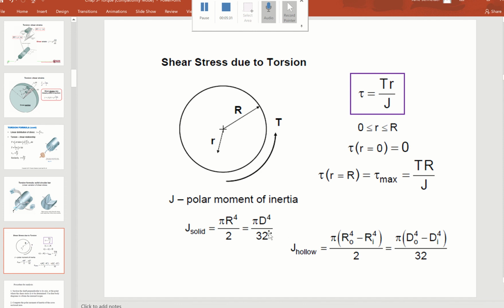This is a solid shaft. But how about a hollow tube? If it's a hollow tube, then you're going to have an outer diameter and an inner diameter, or outer radius and inner radius. In that situation, you're going to have pi times r_o, where o means outer, to the fourth minus r_i, the inner radius, to the fourth, over 2.